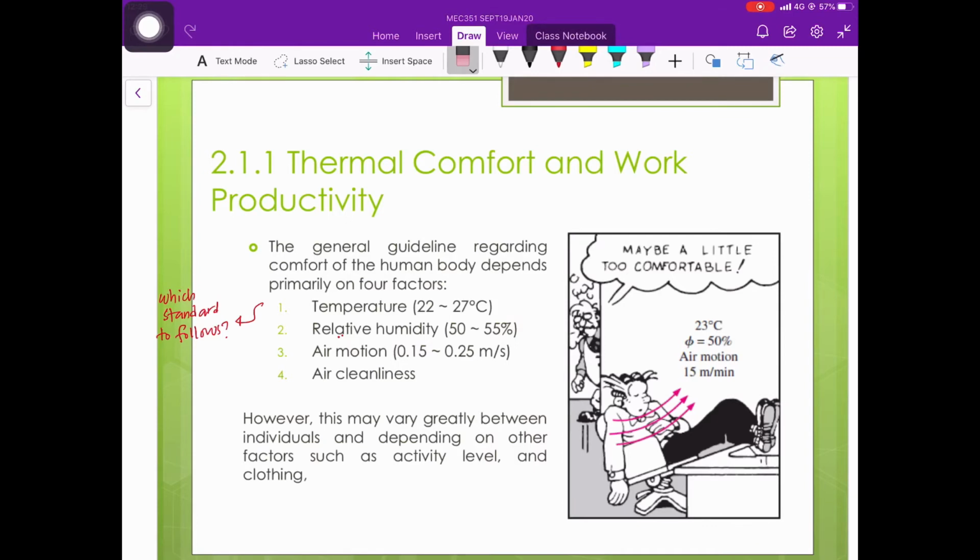The relative humidity, RH, should be in between 50 to 55. Air motion 0.15 up until 0.25 meter per second, and air cleanliness also is a part that plays a role for the human comfort.